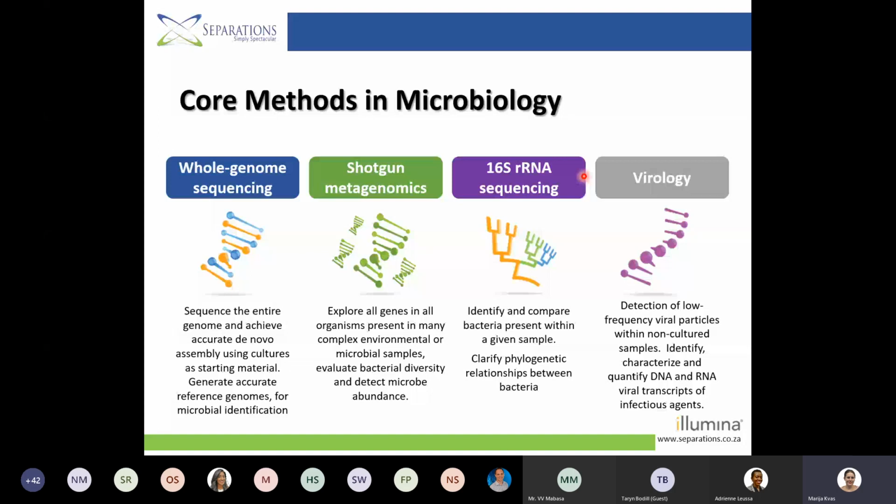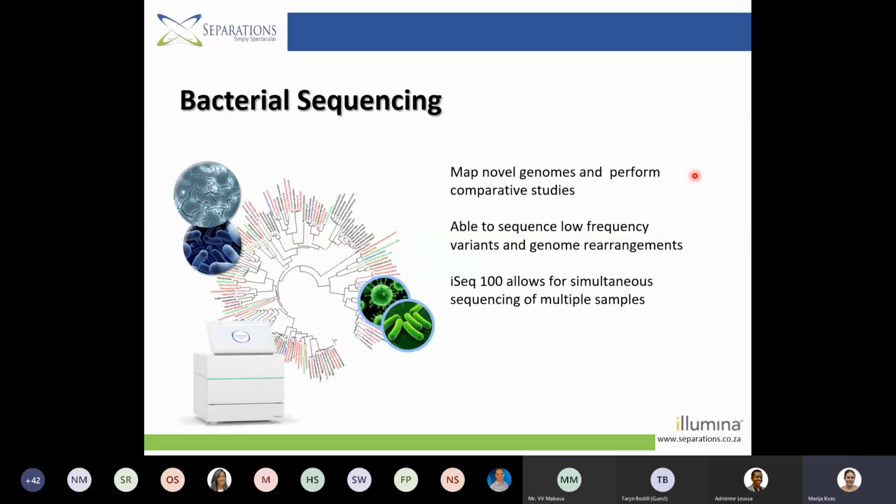And also we can look at virology, like I mentioned before, we can look at viral particles either being DNA or RNA, but we can also look at the quasi-species and the co-infections that are present. Okay.